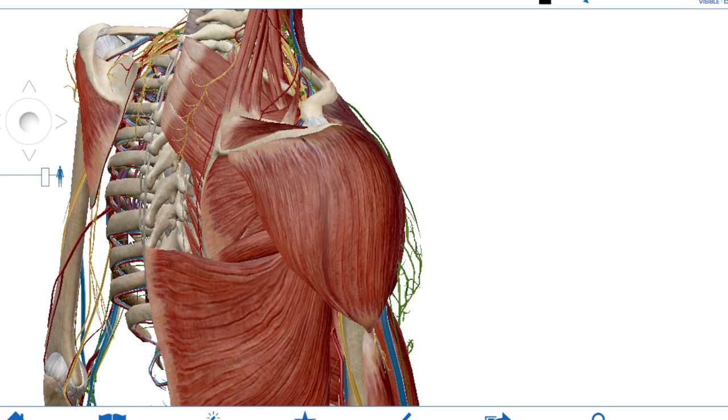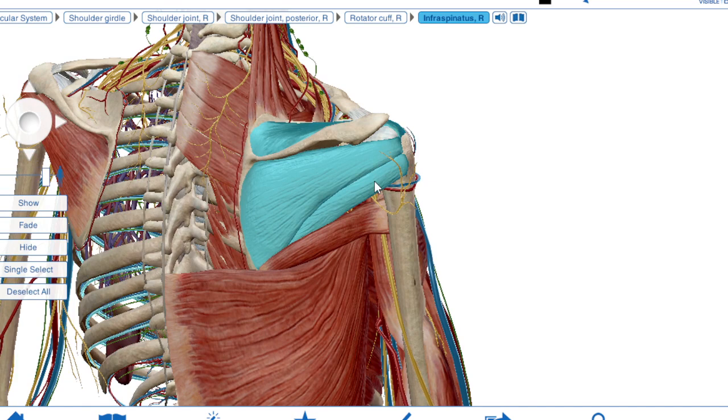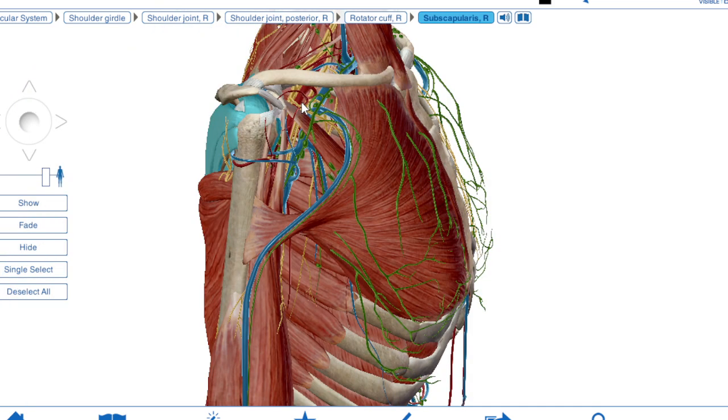Now you can see everything there: supraspinatus, infraspinatus, teres minor, and subscapularis. Remove the deltoid. Supraspinatus, infraspinatus, teres minor, and the other one is the subscapularis. These four muscles are called the rotator cuff muscles. Okay, so they are easy muscles. Now the rotator cuff muscles are gone.